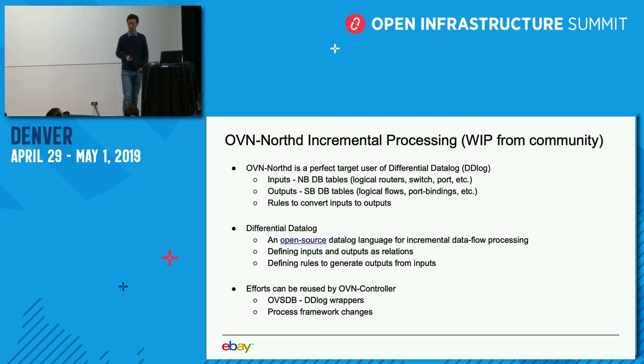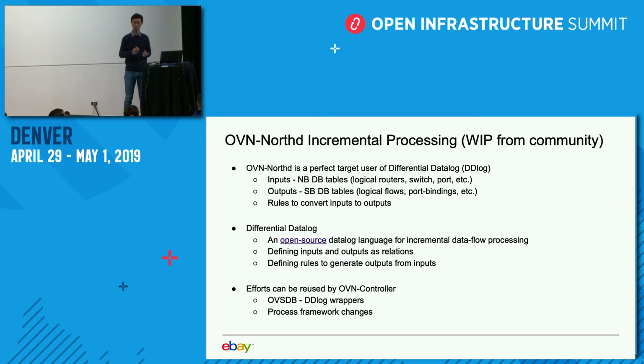So OVN northd incremental processing is going to use differential datalog, DDlog. With DDlog, you define the inputs and outputs as relations, just like relational DB tables.